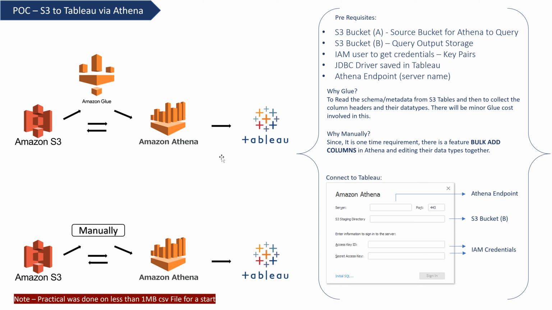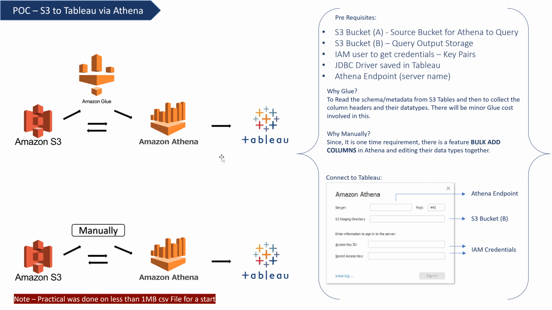So guys, as you can see in the first architecture, Amazon Athena and S3 are communicating with each other, but there is a minor role of AWS Glue, or you can do it manually as well, as I've mentioned in the second architecture. And then via Athena, it goes to Tableau dashboards.